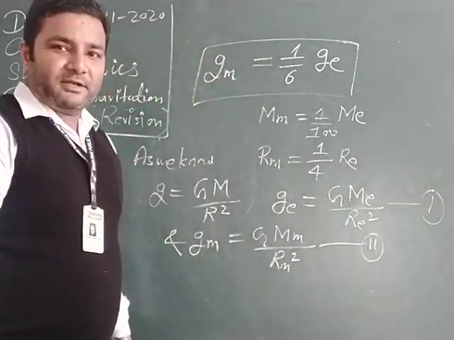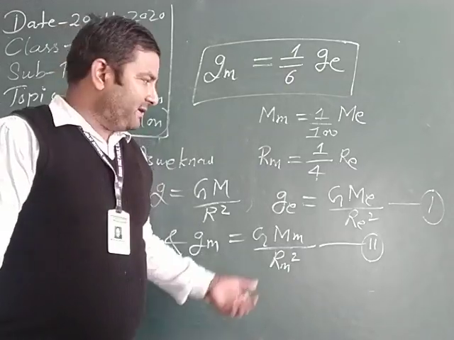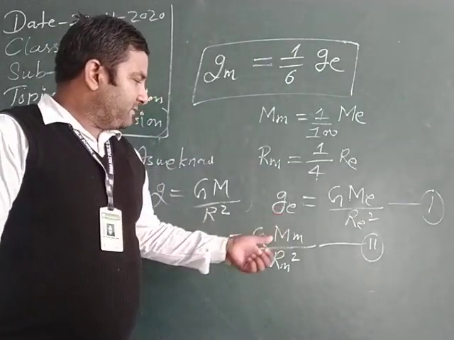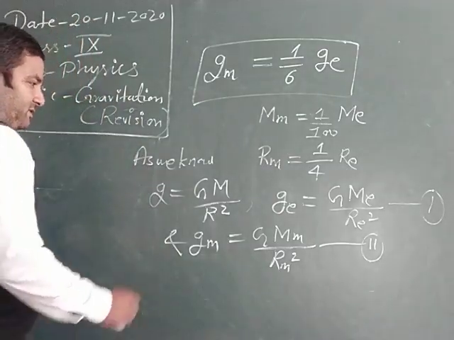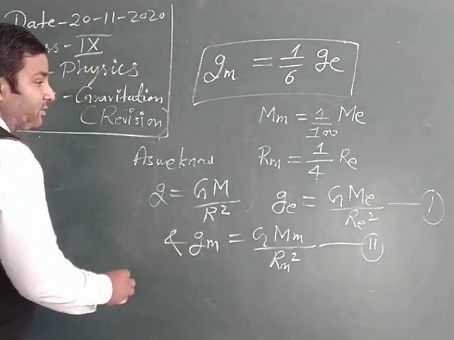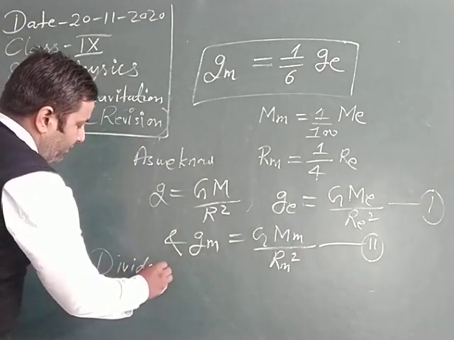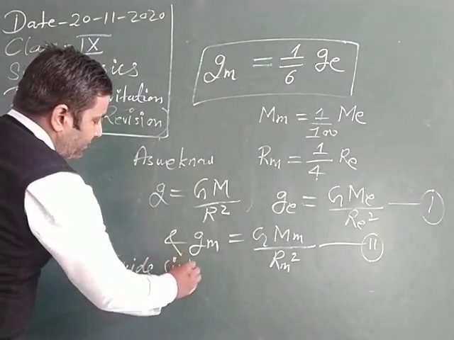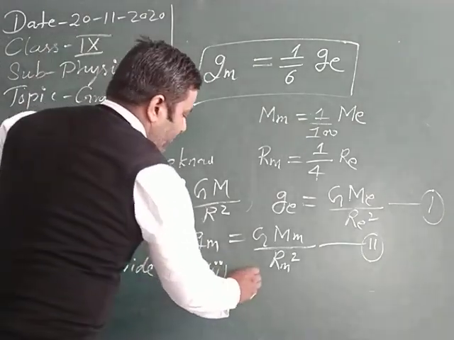We have to obtain the relation between Gm and Ge, so divide the first by the second. Divide second by first, or first by second, no matter, you can do either.